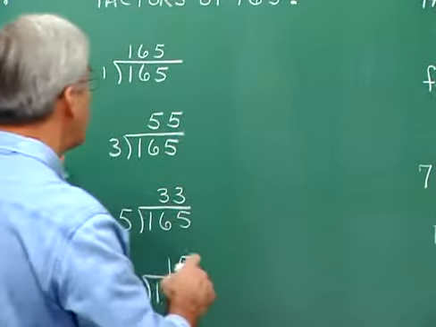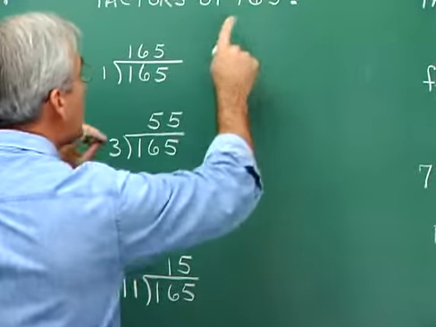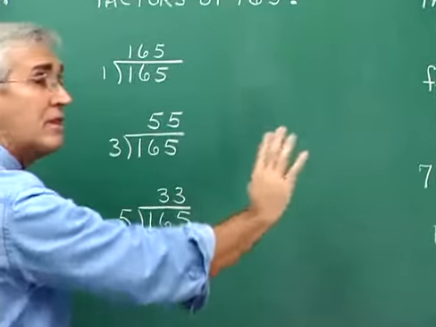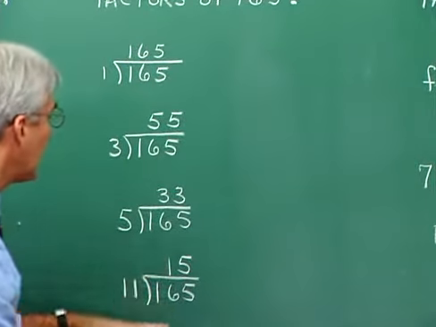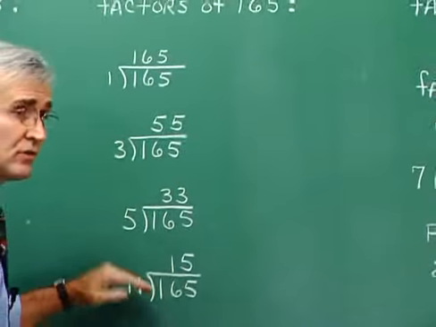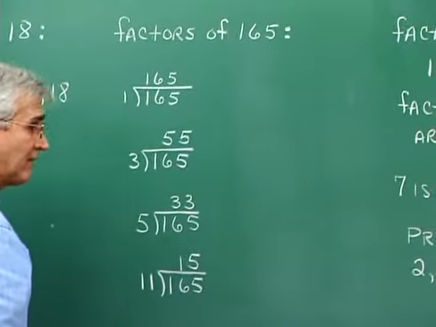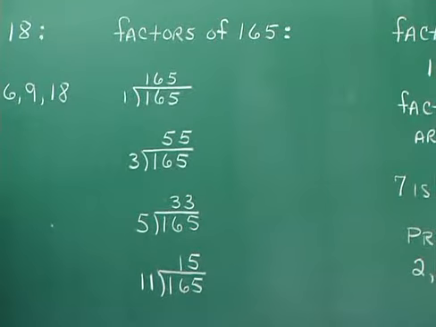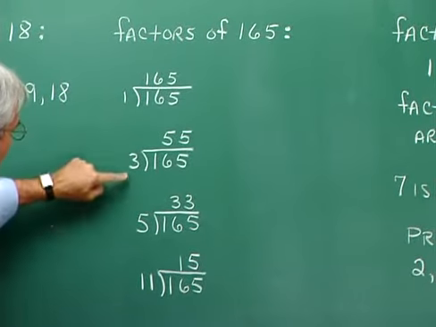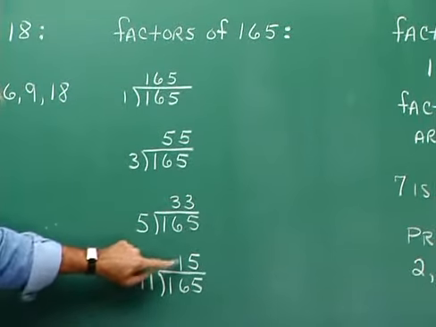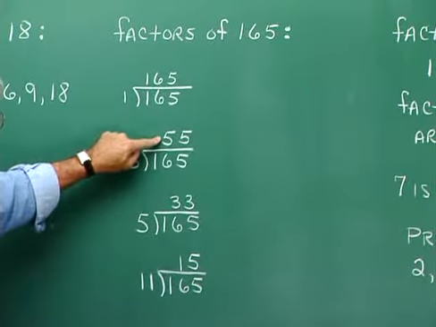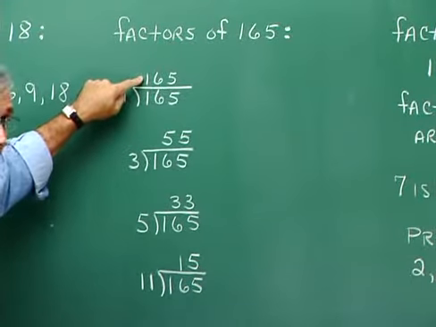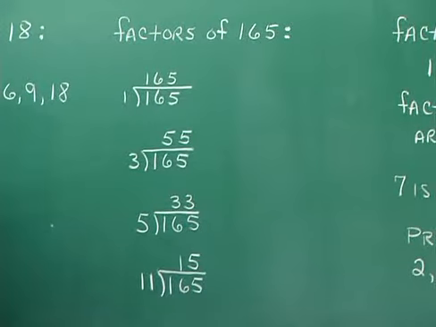Now, 13 times 13 is 169, that means we don't even need to go farther than 13 in our testing for the factors of 165. And we have therefore identified all of the factors of 165. 1, 3, 5, 11, 15, 33, 55, and 165 are the factors of 165. All right, that's the idea.